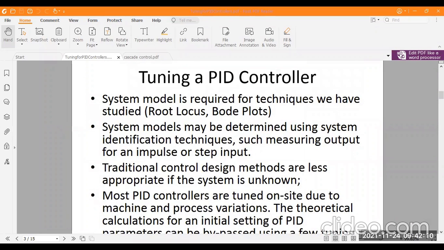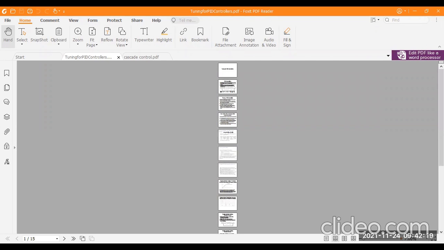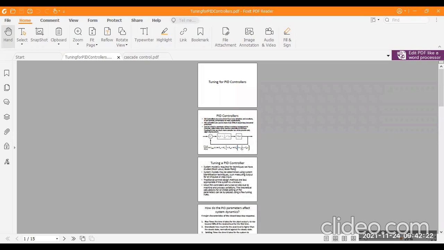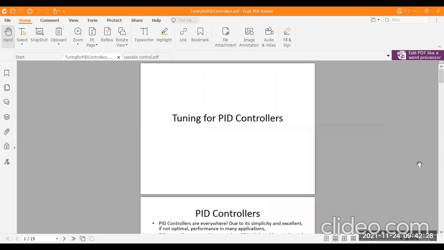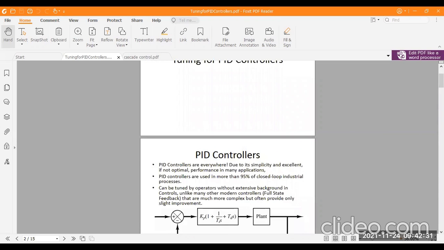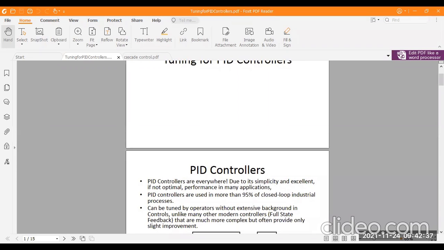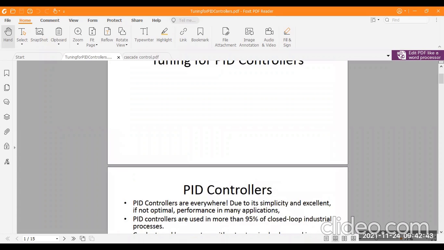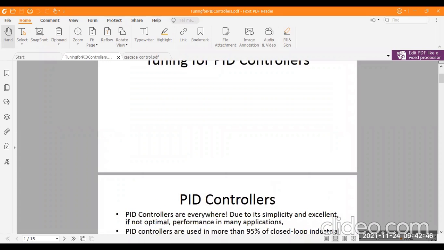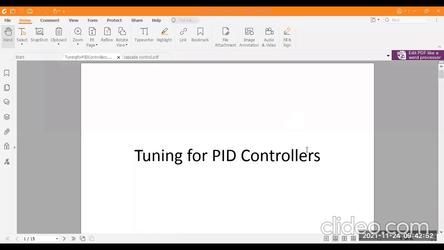In process control industries, we use different types of tuning methods, and there are lots of them. First is the Ziegler-Nichols method. Then we have relay auto tuning, RA. Third is the pole placement method, and fourth is the internal model control method. These are the different types of tuning methods.